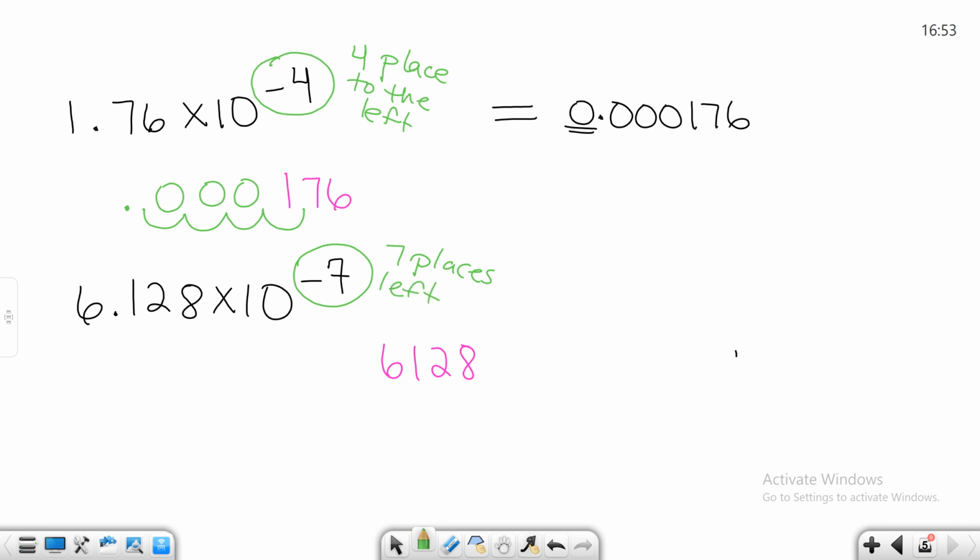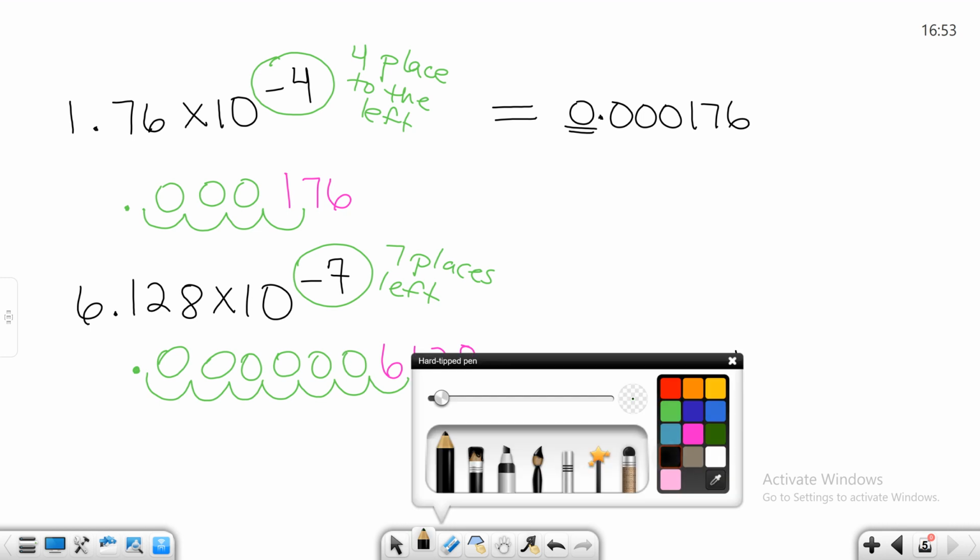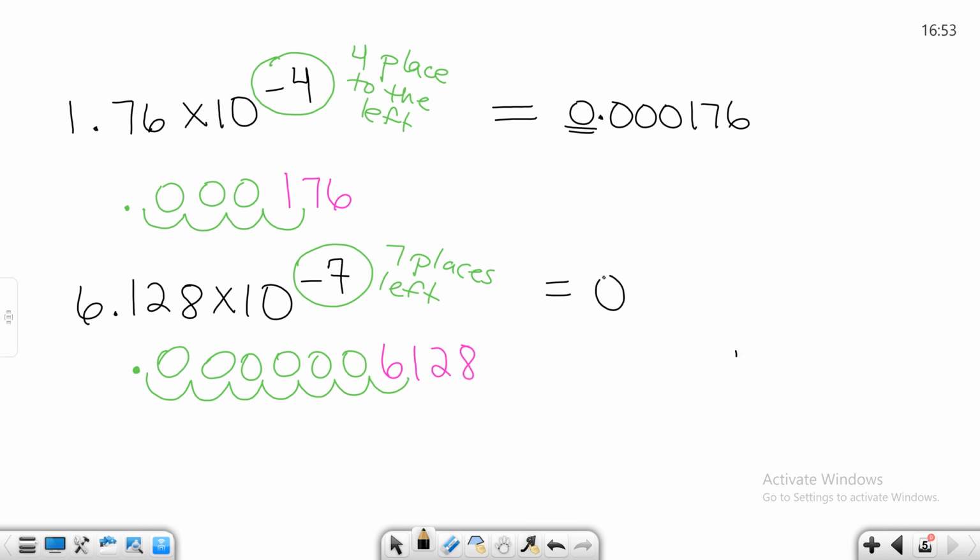Not 7 zeros, 7 places. Thinking of where my decimal was, I'm going to count 1, 2, 3, 4, 5, 6, and 7. And then here is where my new decimal goes. So I'm going to put a leading 0 just because I like it. So this is the new value in standard notation.